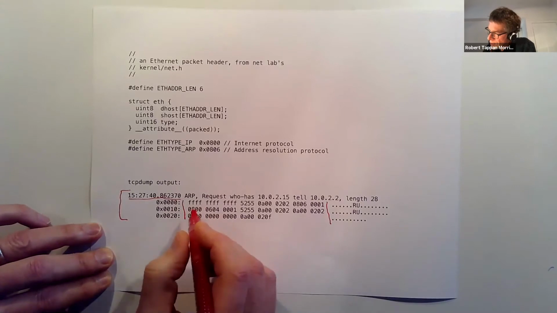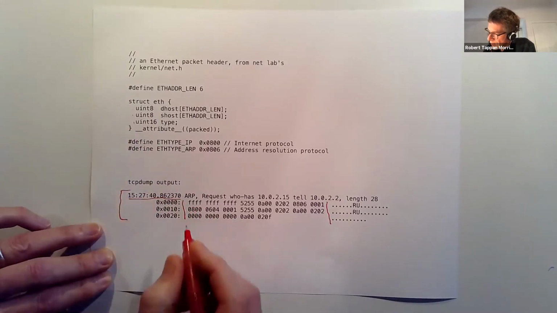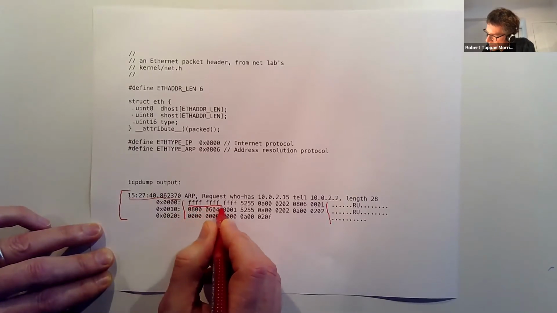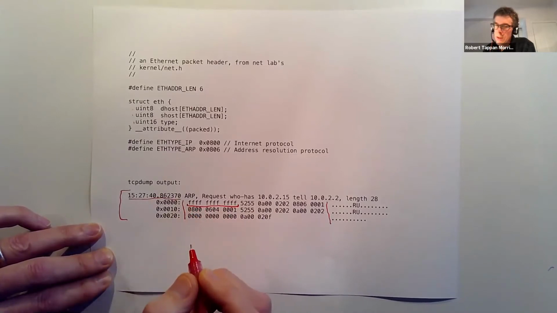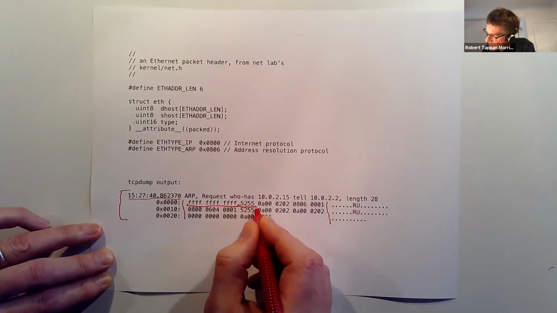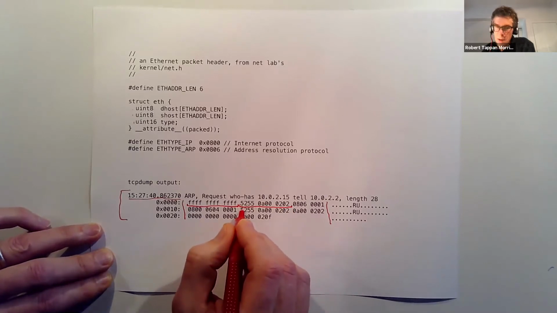And you can see, we can actually follow along with the Ethernet header. These first 48 bits, or 6 bytes, are a broadcast address. All Fs Ethernet address is broadcast to all the hosts on the local network.